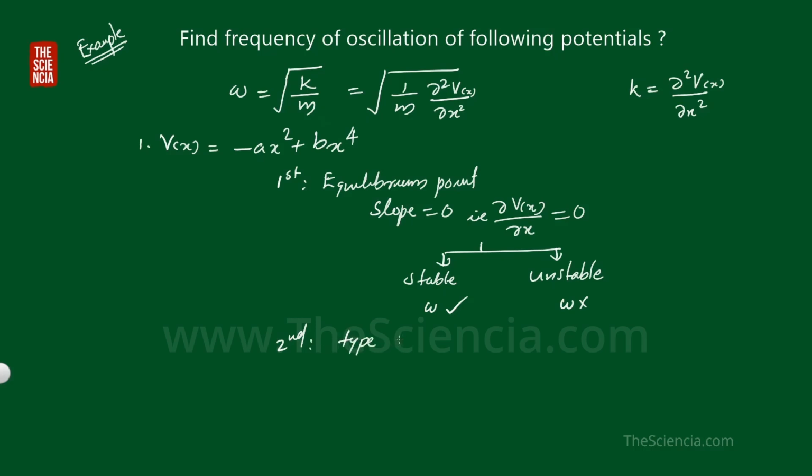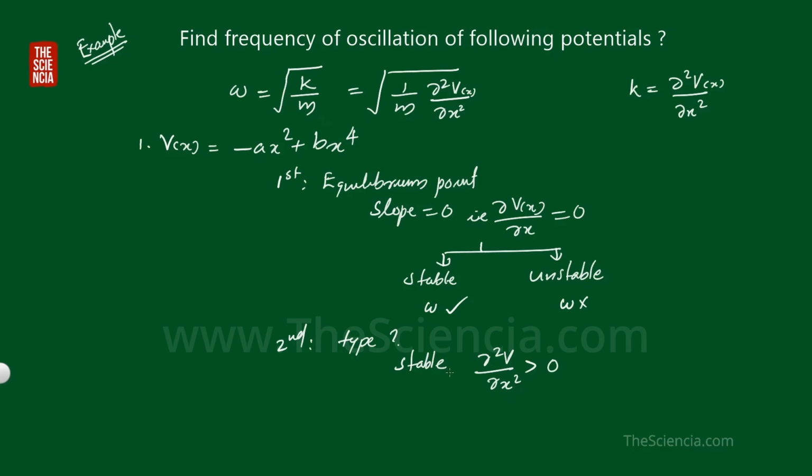So how can we find out? If it is a stable equilibrium point, then del squared V by del x squared will have a positive value. And if it is a negative value, then it is an unstable equilibrium point.